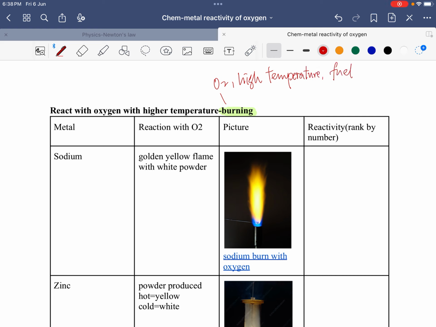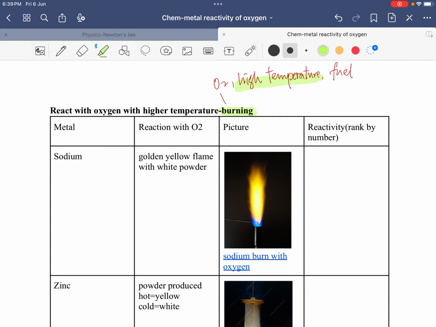In these 3 factors, what do you think is the key point for the comparison? Yes, it should be the high temperature, because high temperature can increase the rate of reaction. So when we increase the rate of reaction, we can quickly see what will happen when the metal reacts with oxygen gas.